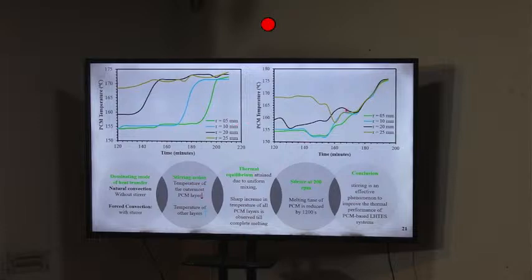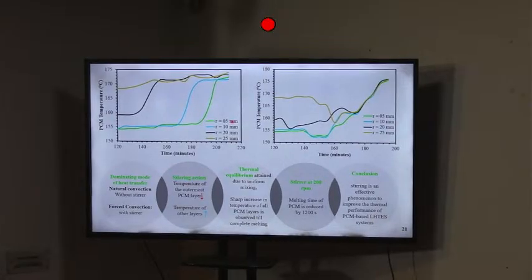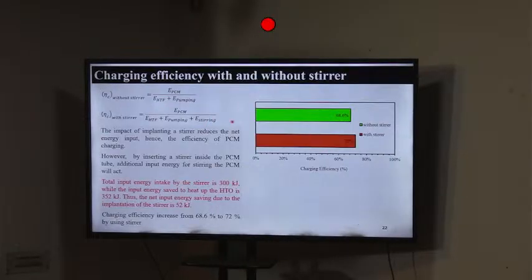So the melting happens very quickly in comparison to not having a stirring mechanism for that thermal battery. Then we wanted to understand, as I am saying, that we have the power, and then we also have a stirring power, which is an extra one.